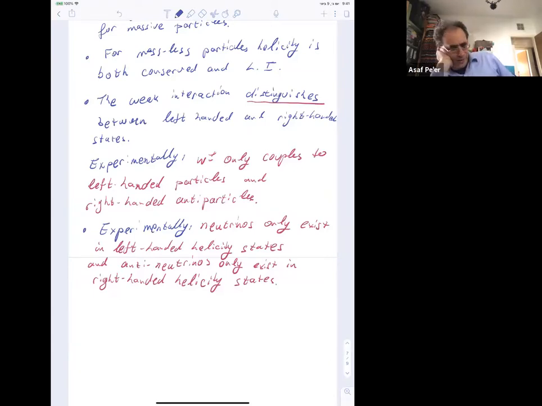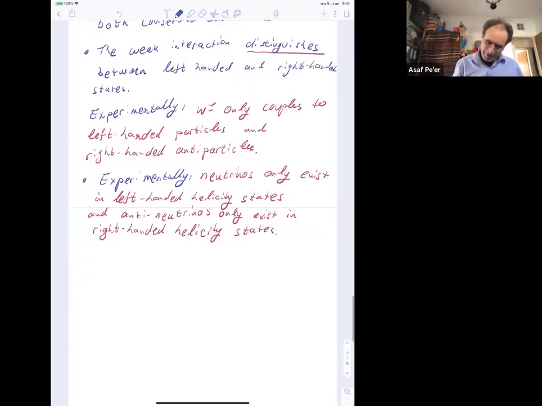P, what does P do? P inverts the coordinate system, right? Just the spatial coordinates. A C transforms a particle into an antiparticle.